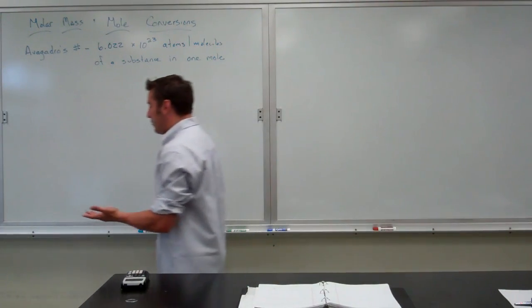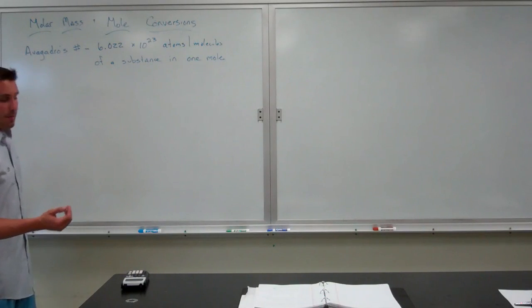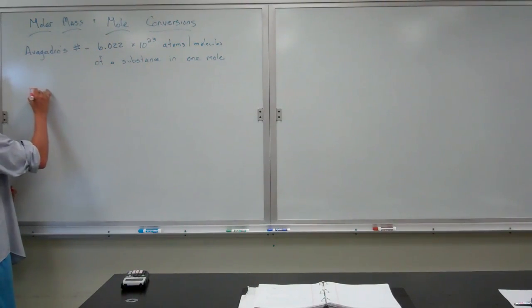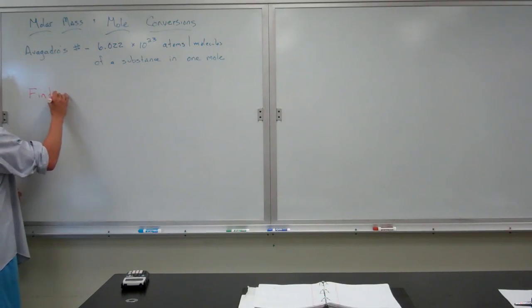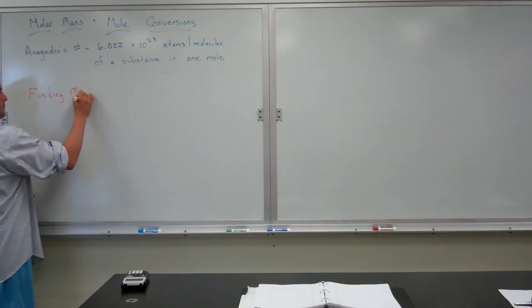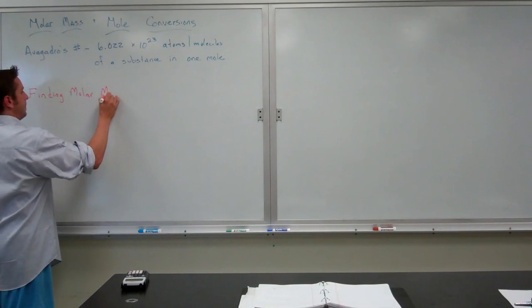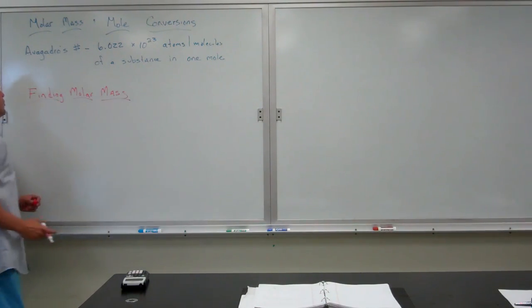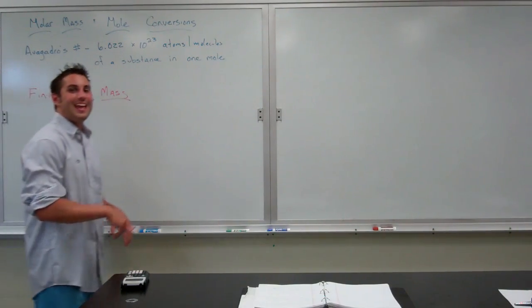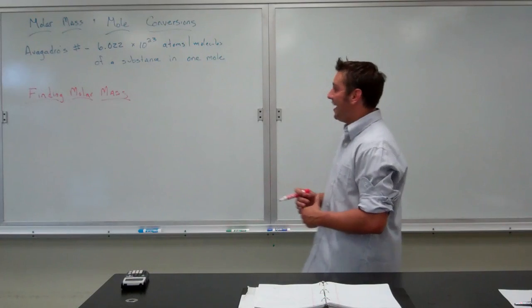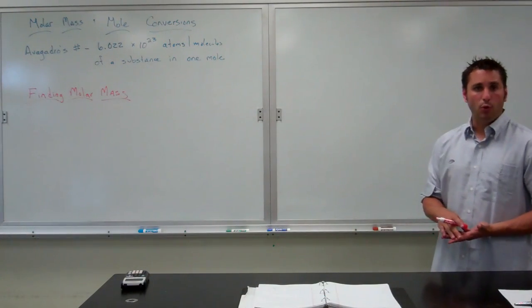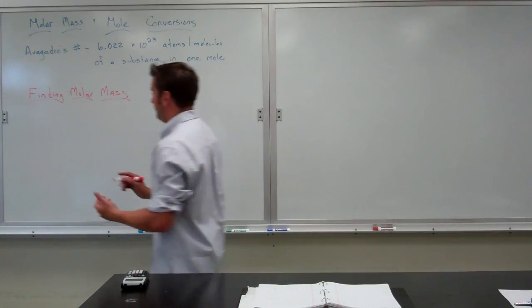And how we get the molar mass is by using the periodic table. What you do to find the molar mass is you simply take the number of atoms in the formula times the mass off the table and then add them together.